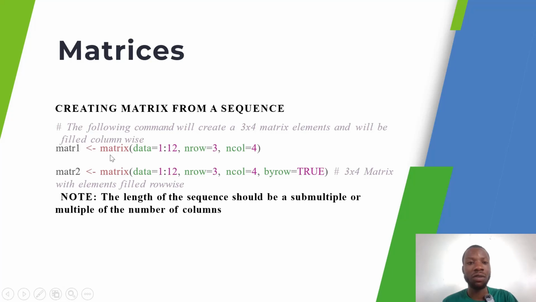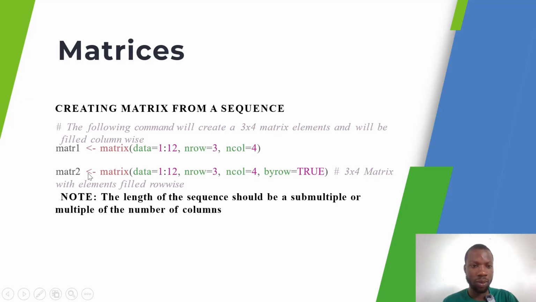We type matrix and then say data equals the numbers from 1 up to 12, where the number of rows is going to be 3 and the number of columns is going to be 4. You have the responsibility to command the dimension.